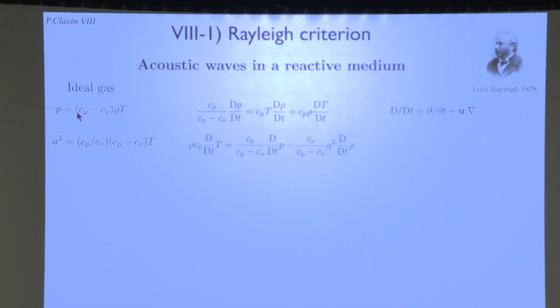Do you know where it comes from, the fact that the specific heat at constant pressure is larger than the specific heat at constant volume? Why is it?